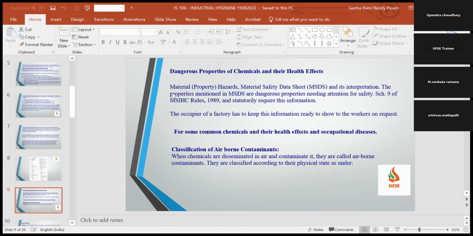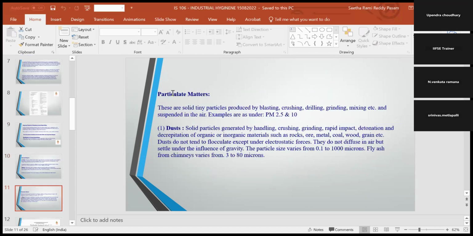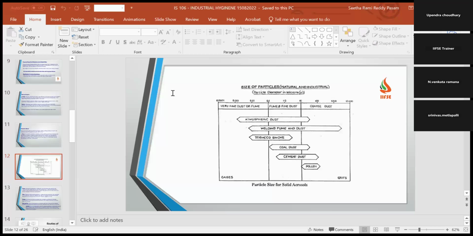Then we'll talk about various dangerous properties of chemicals, and the classification of airborne contaminants, where we have different types of gases or vapors, particulate matter, dust, etc. We can even see the particle size for solid aerosols.